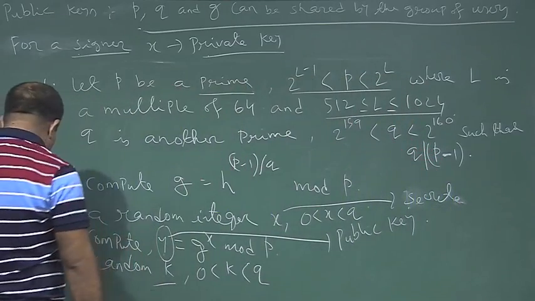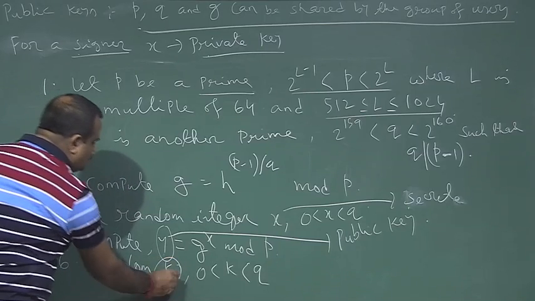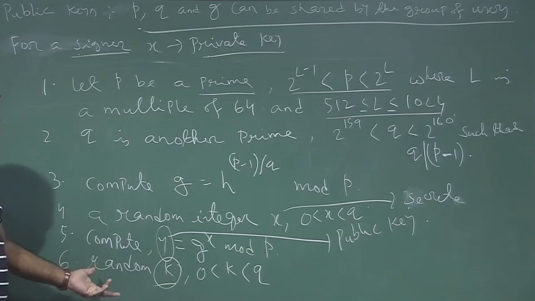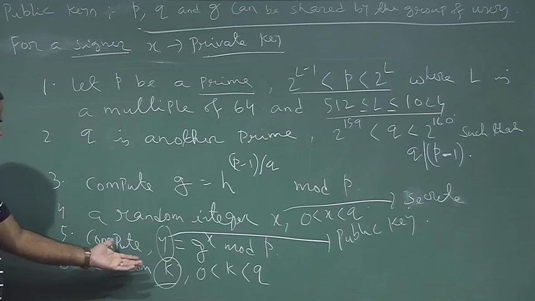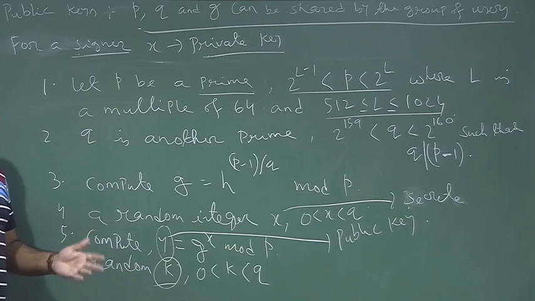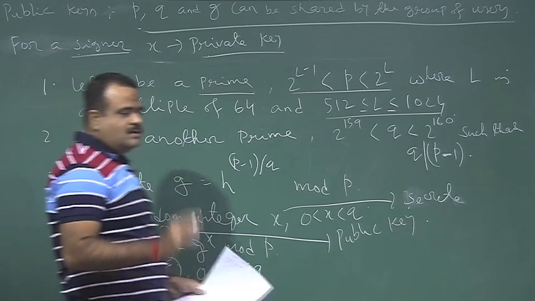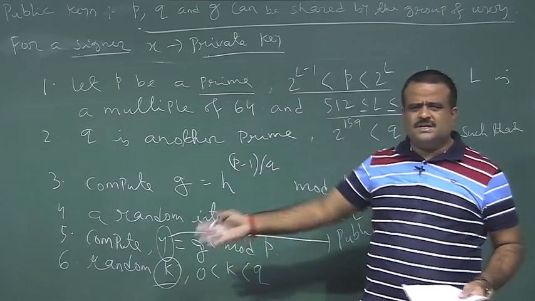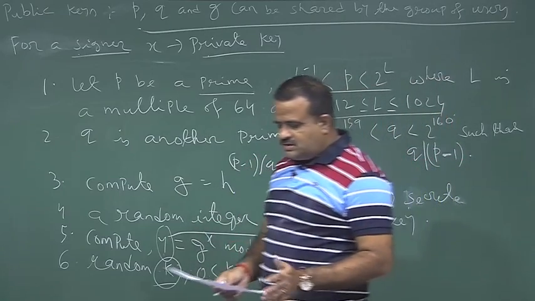So, this k is chosen by the signer at the time of signature, because k is another parameter which is sort of a nonce or time stamp for that particular signature. This is basically the Elgamal signature. So, this is the parameter set.